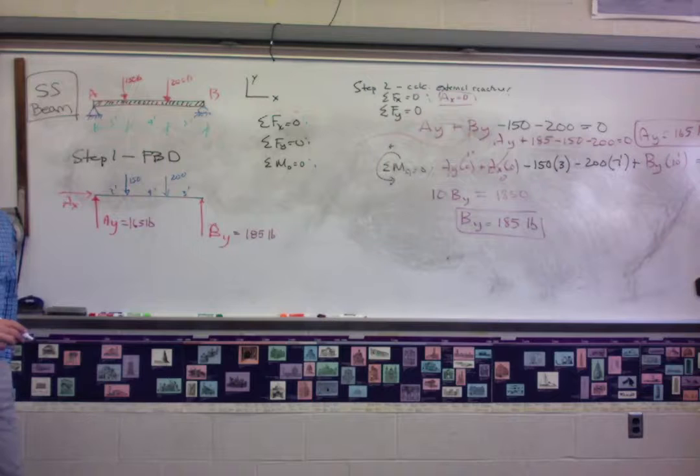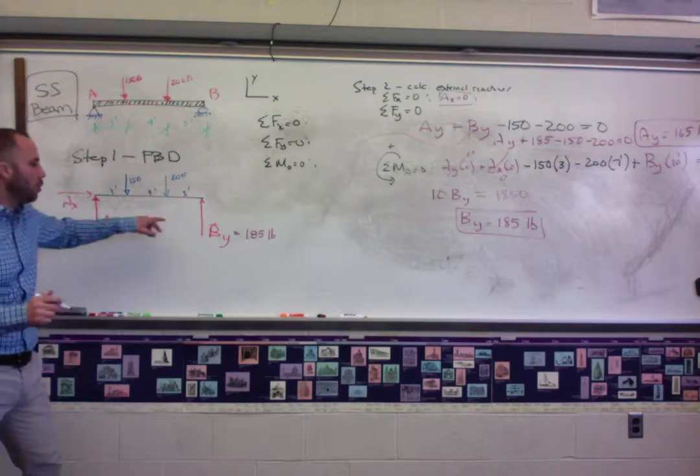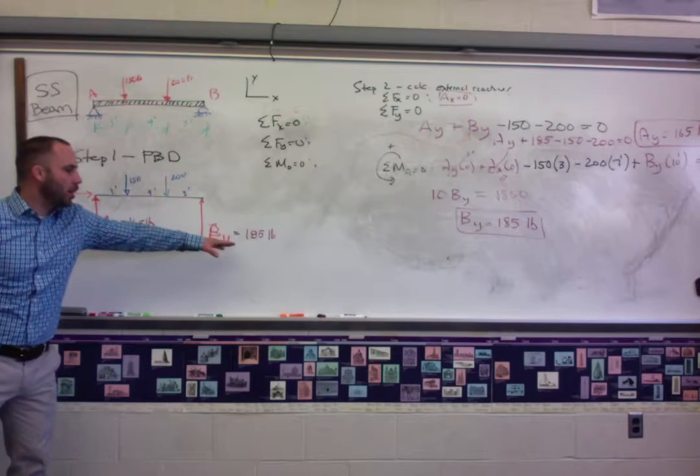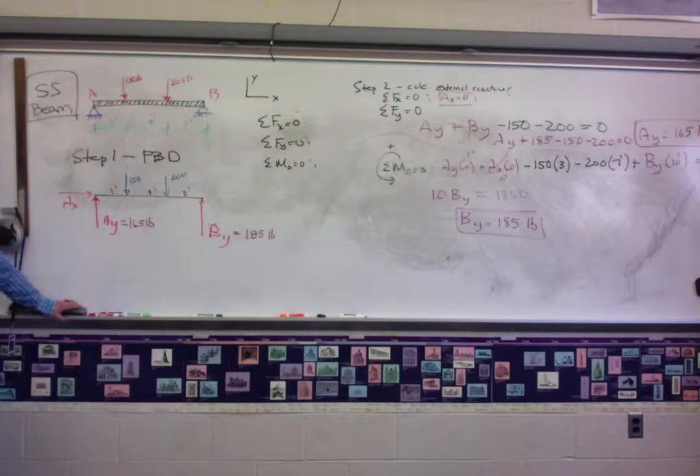Does that, common sense wise, make sense to you guys that that should be lower than that? Yeah. Can you guys see that? Engineering wise, why would AY be less than 185 with the reaction here? There's less force on the left side.